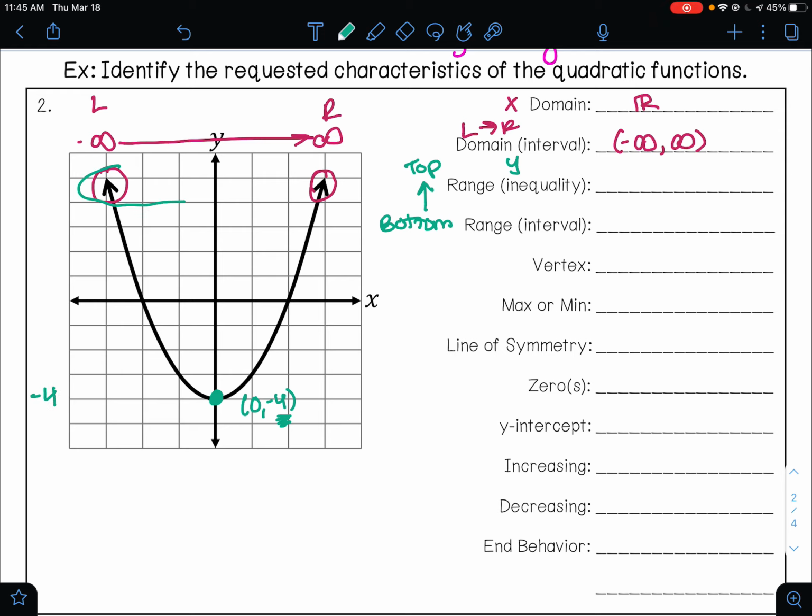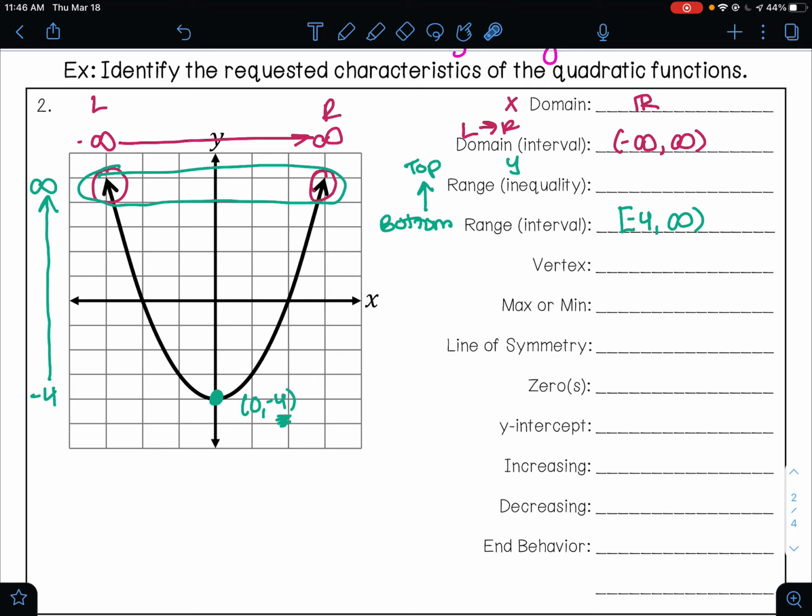This graph is going up forever. I can see that because on both sides of my graph, it's pointing up. Well, if I keep going up forever, eventually I'll get to positive infinity. And so my range is from -4 to positive infinity.